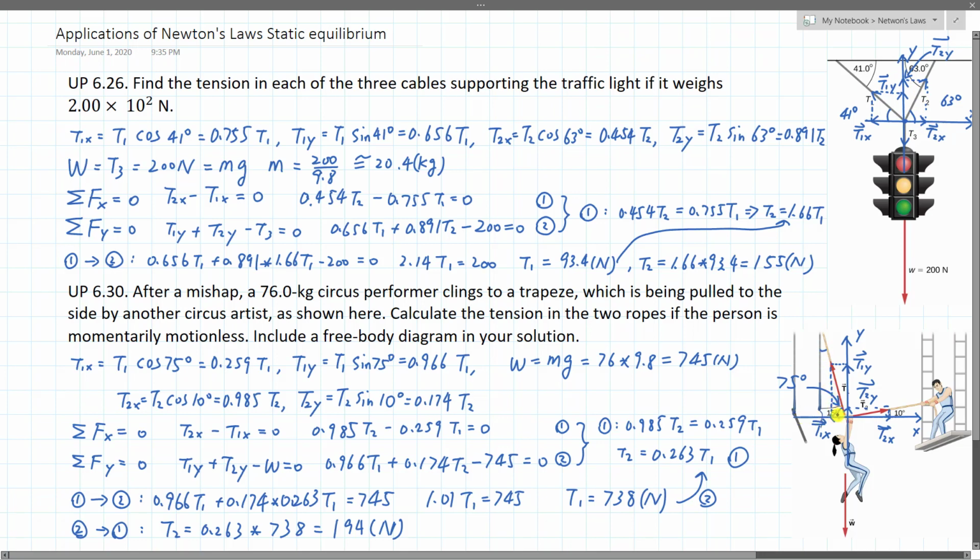This one with the axis is 75 degrees. And then I used that knowledge to decompose the forces, and then used Newton's laws to write two equations, one from each axis, each dimension. If you have two unknowns appearing in both equations, use substitution to solve that system of equations so you can get both forces. Thank you.